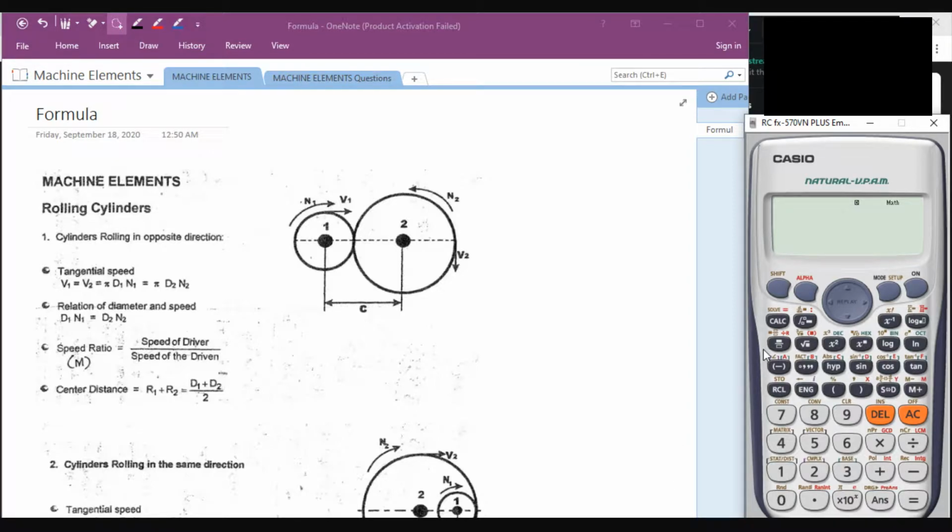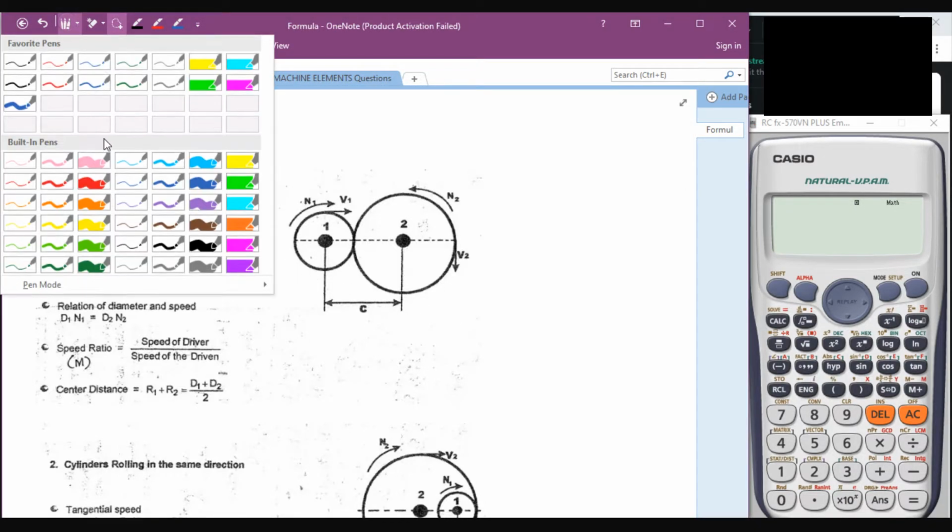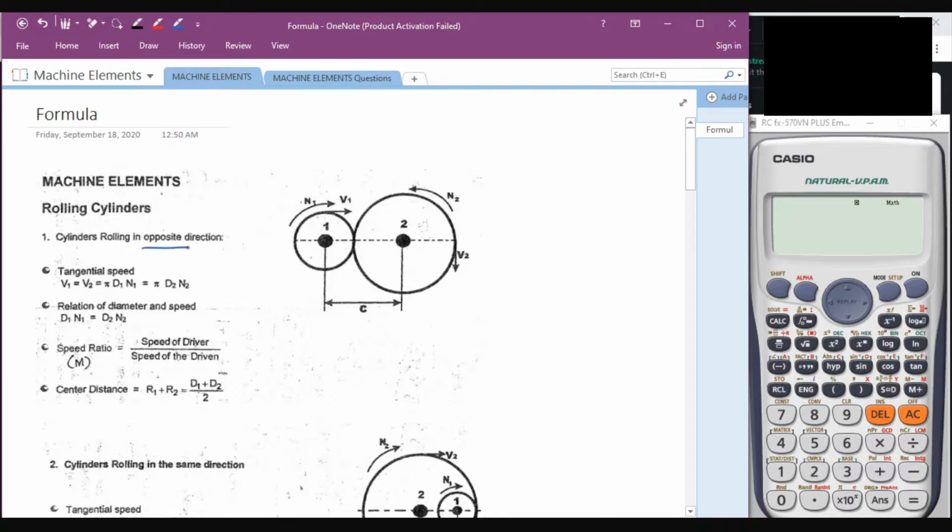When you have rolling cylinders, okay, it could be turning in the same direction and turning into opposite directions. When we are talking about opposite directions, ibig sabihin, a driver gear and then the driven one, where you call the driver as the gear and the one that is being driven as the pinion.